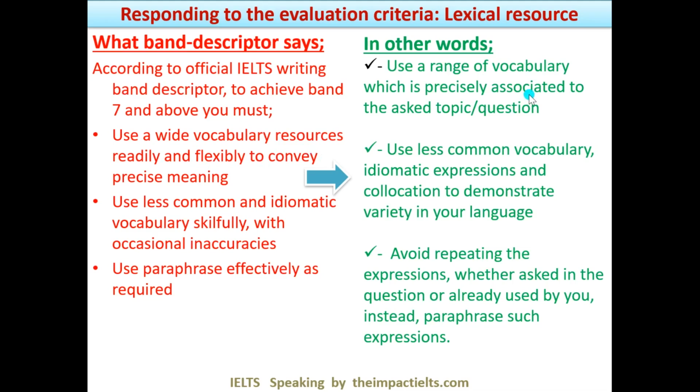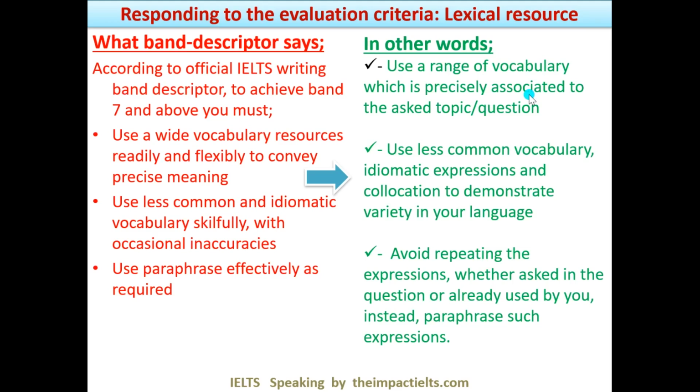On the other hand, if we have vocabulary like global warming, or emission of chlorofluorocarbon, or emission of toxic gases in the atmosphere, or carbon footprint, I mean this kind of word, I'll explain it later.